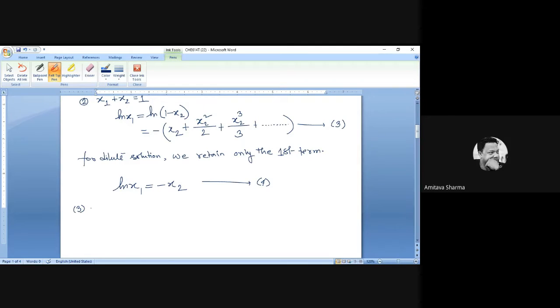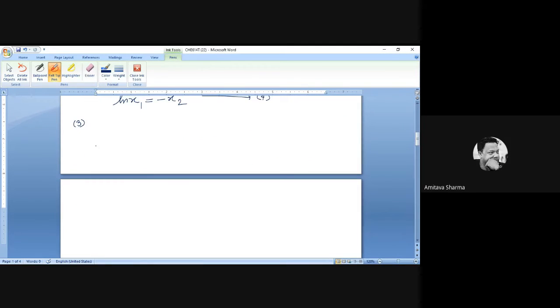So here we can say that since the solution is dilute, we will have a simple assumption, that is, the number of moles of solute is very much less than the number of moles of solvent.